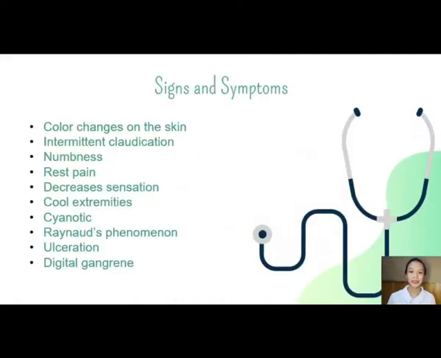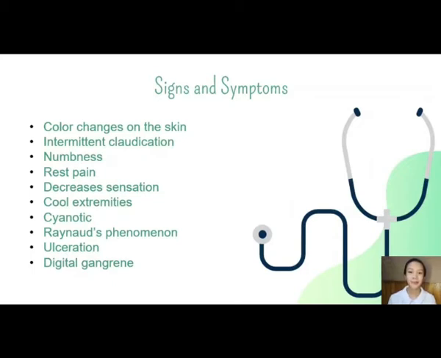Now let's move on to the signs and symptoms of thromboangiitis obliterans. It includes color changes on the skin, which can become bluish or purplish due to the decreased blood flow to that area. Next, we have intermittent claudication, meaning there is pain in the extremities that is intermittent. Next, numbness.